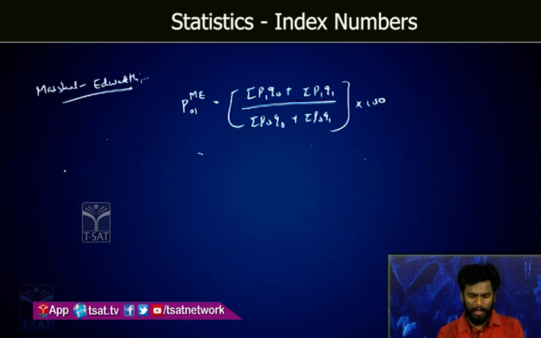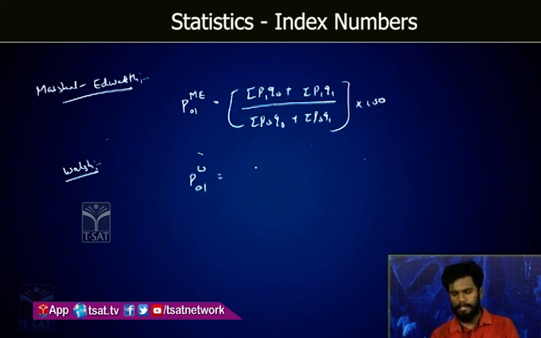The next we have the Walsh price index number, and it is denoted by P01W, and it is given by summation P1 into W by summation P0 into W into 100, where W is equal to the square root of Q0 into Q1.